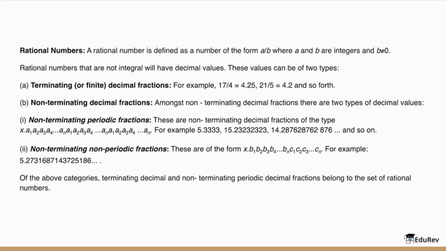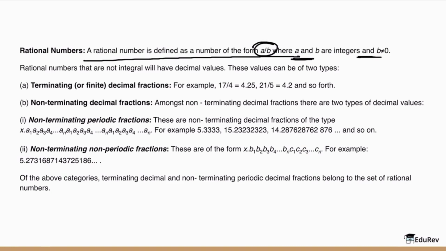Before that, we have the concept of rational numbers and irrational numbers. So let's see what rational numbers are and focus on that. What is a rational number? A rational number is defined as a number of the form A by B, where A and B are integers and B is a non-zero number.